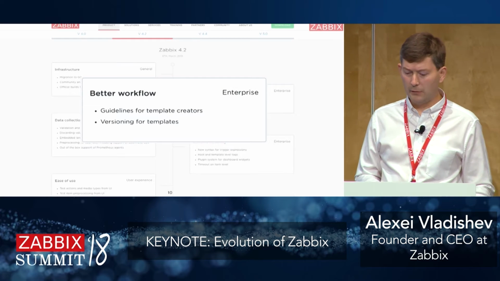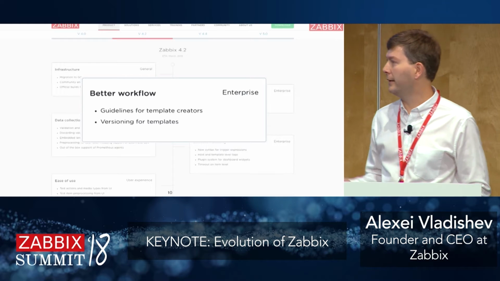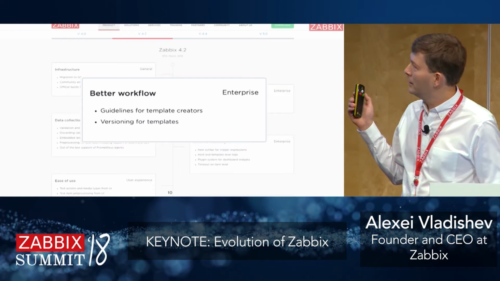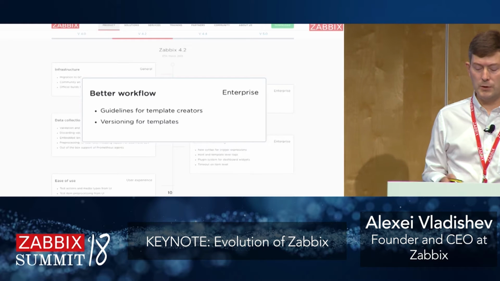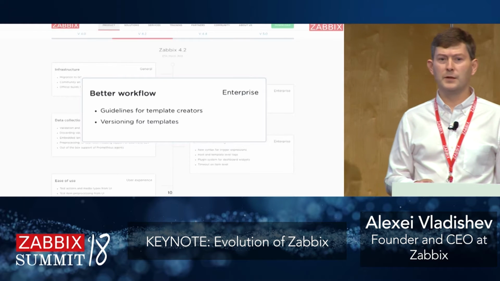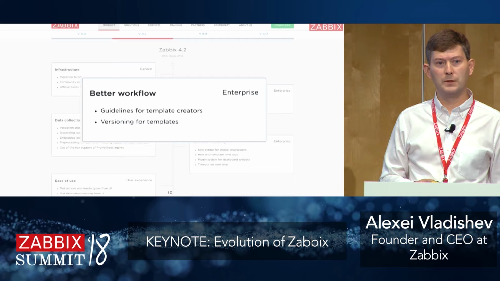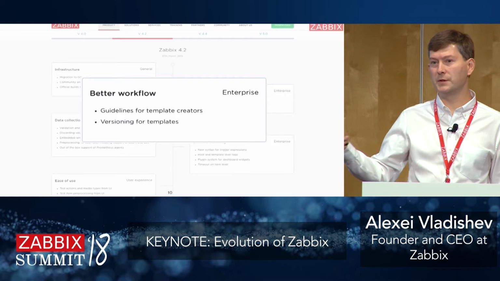What else? Better workflow, and I think this is a key. One of the most important things which we'd like to have in Zabbix is versioning for templates. This way you may have different versions of the same template.